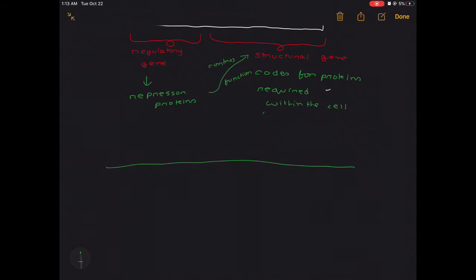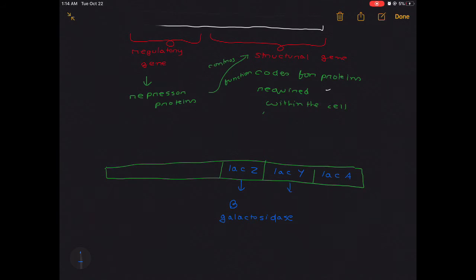So our structural gene will consist of three parts in the Lac Operon. This is the Lac Z, Lac Y, and Lac A. Now this Lac Z will code for beta galactosidase.